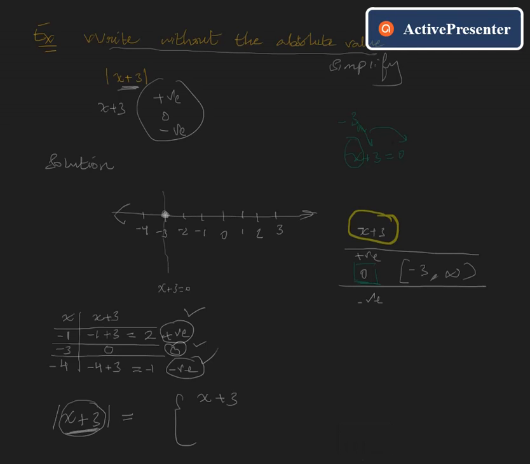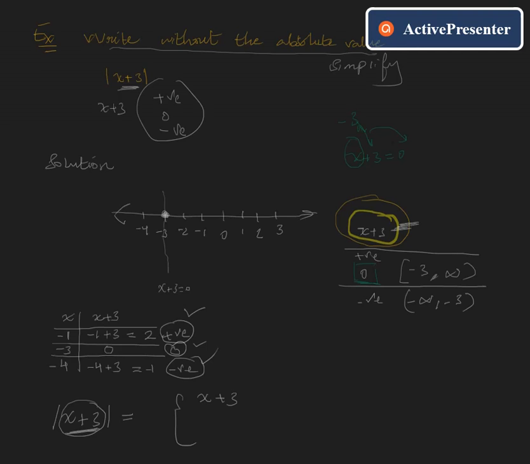Also, when is x plus 3 negative? You are in this area. Of course, minus 3 is not included. So in this area, the expression x plus 3 is negative. It is from negative infinity up to minus 3 open.